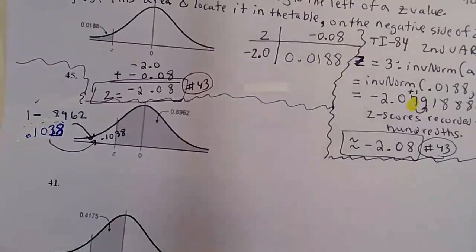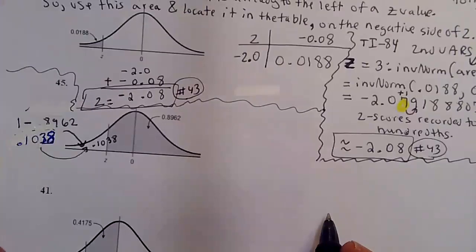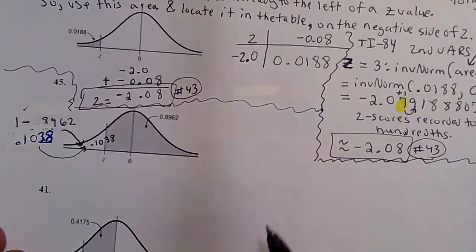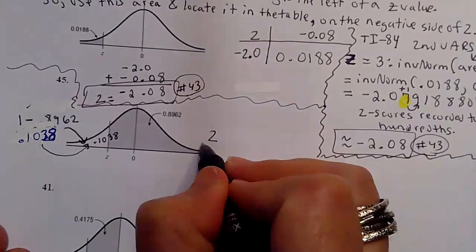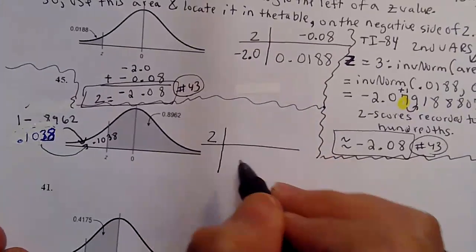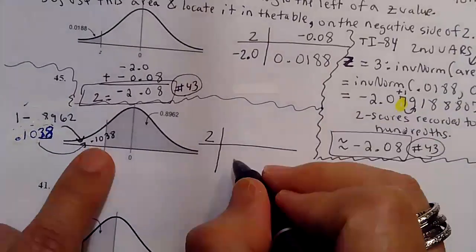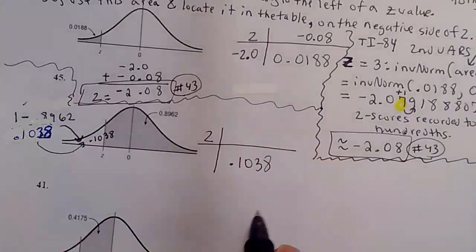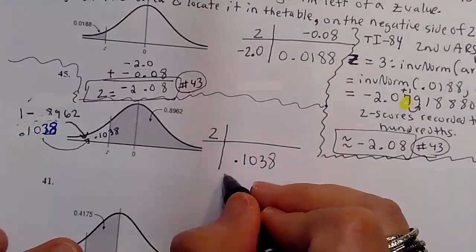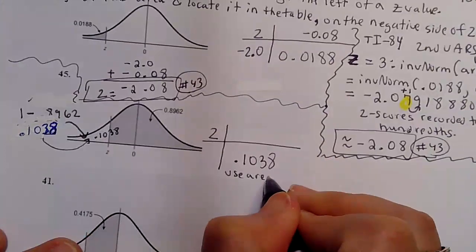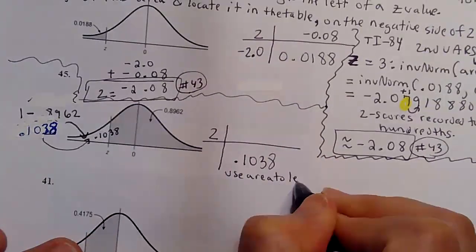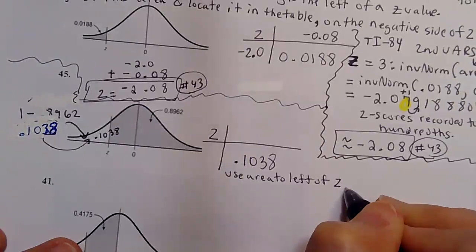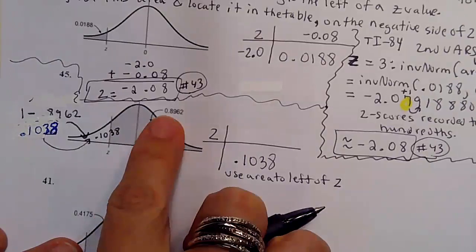All right. So when I'm looking at my table, trying to find my z, I'm using this area, 0.1038. That's what I'm using. So I have to use the area to the left of z. See that? I cannot use this one. I have to use this one.